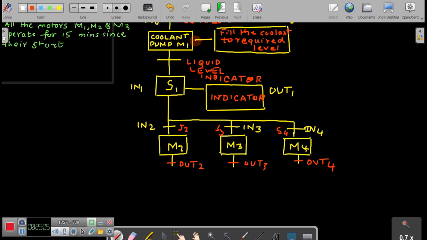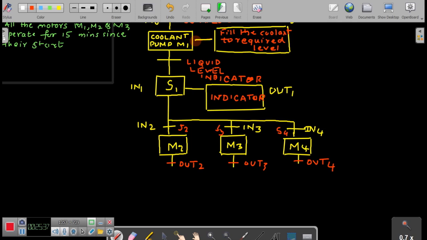So just try to understand here that when your input 1, go back to the input 1, which is your S1, is obtained, the indicator will turn on, which is the output. So upon receiving the indication of the indicator, which in our language is out1, out1 and your IN2 will result in the turning on of the motor M2.